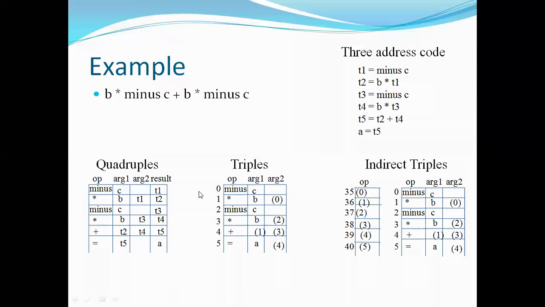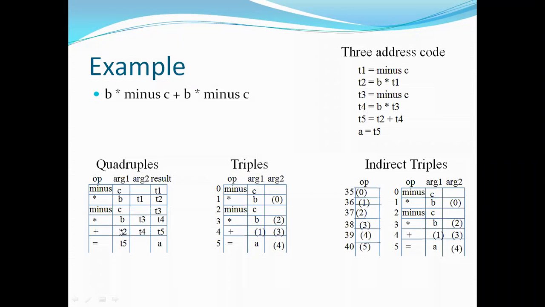That means, see here, we are considering only these two fields, argument 1 and argument 2: minus C star B. In the place of T1, T1 is assigned the serial number 0, so I am using reference number 0, minus C. In argument 2 nothing is there, and here star B T3: T3 is referred with serial number 2, so in the place of T3 I am using 2.